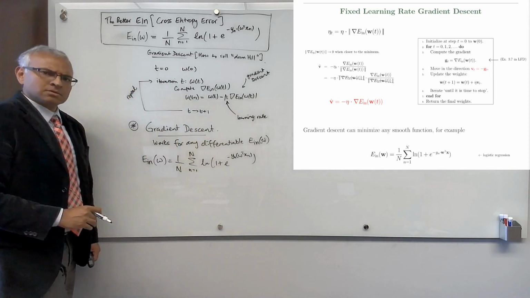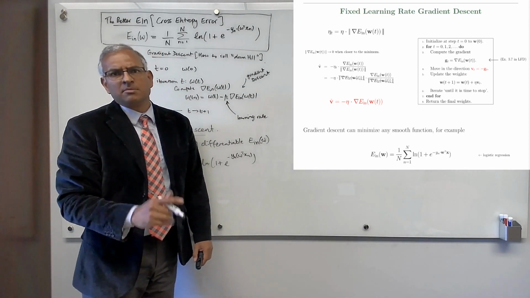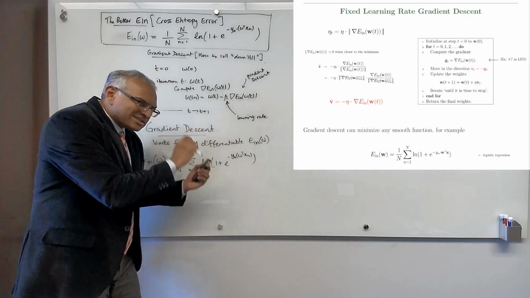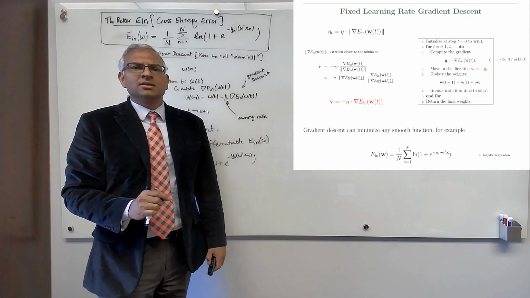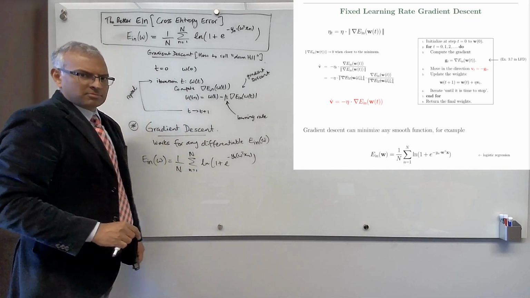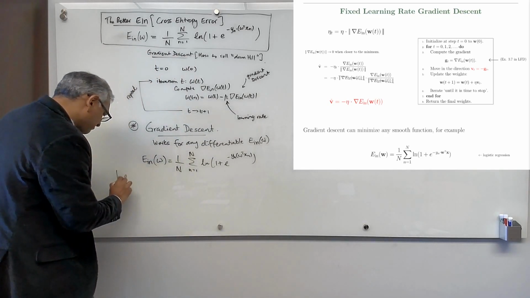Now, let's look at the computational cost, because now I want to introduce you to a twist on this algorithm, and the main reason for introducing this twist is efficiency. So, you can use this to minimize any in-sample error, but it can be inefficient.